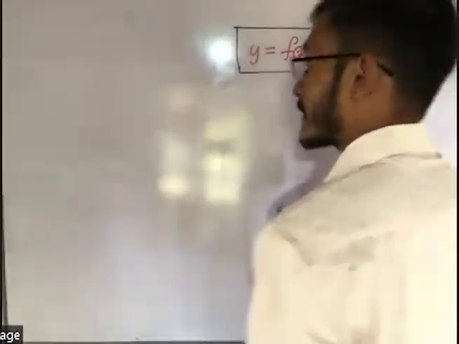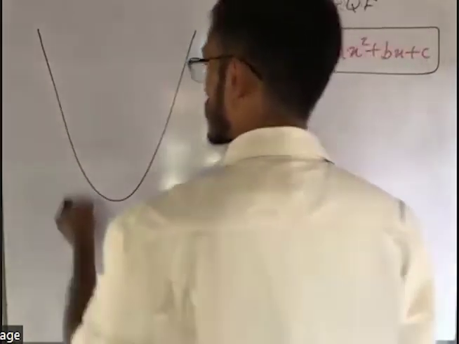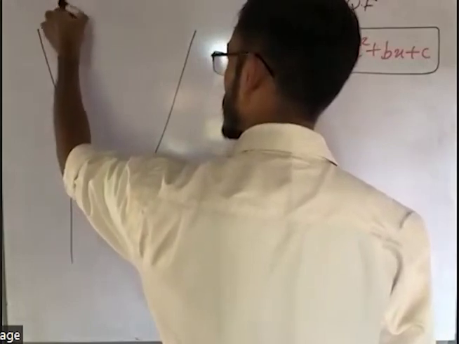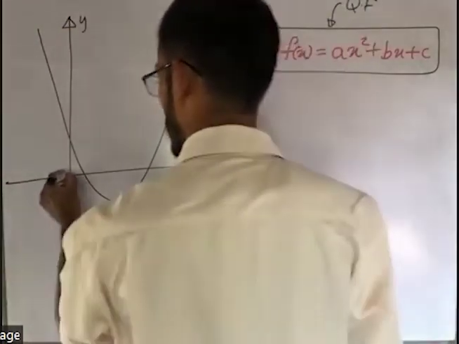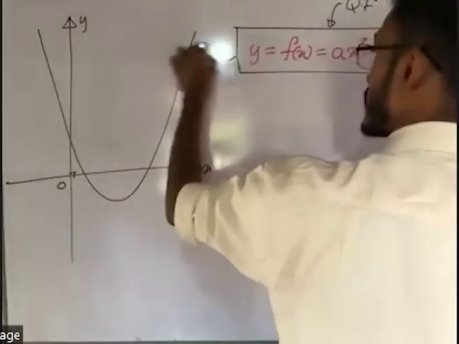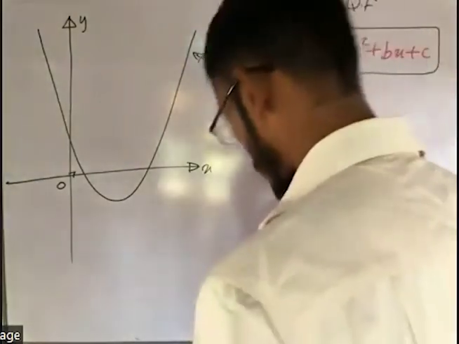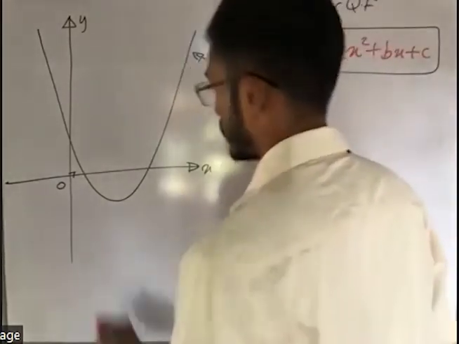Now I will take that quadratic function again. Here I am drawing the y-axis, and this is the x-axis. So this is the quadratic function f(x) equal to ax square plus bx plus c. Now I will draw a straight line like this.